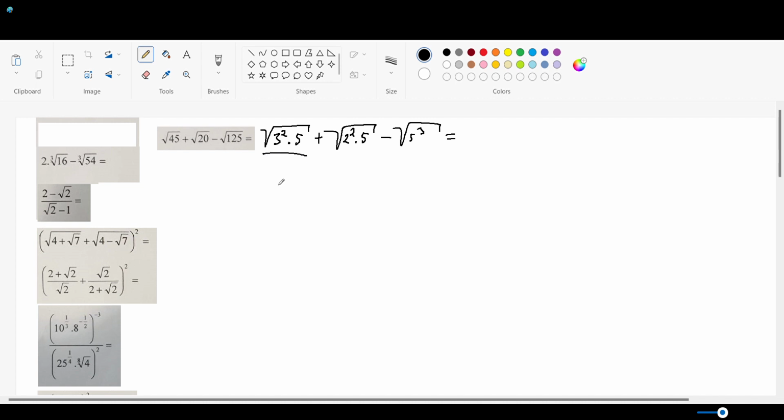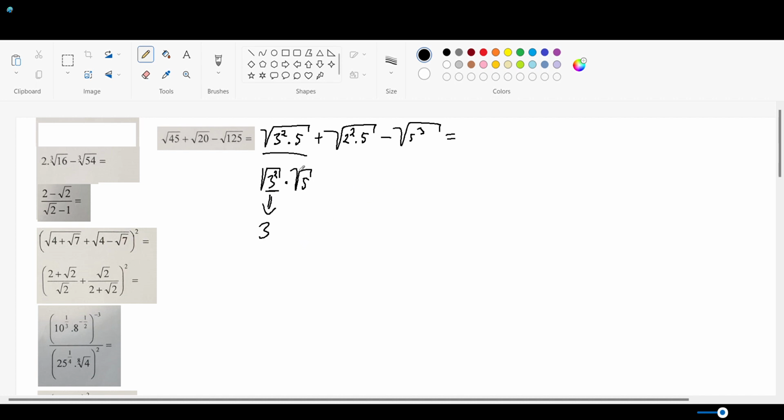As we can see, the first radical can be simplified like square root of 3 to the second power times square root of 5, and we can simplify this square root to the number 3 because we have a perfect square under the root.